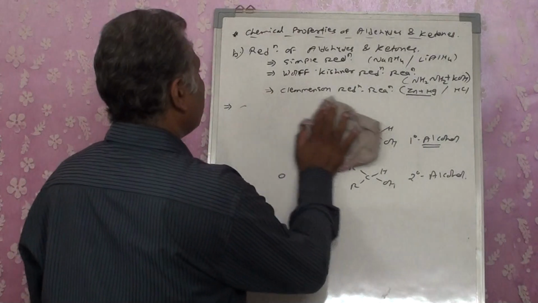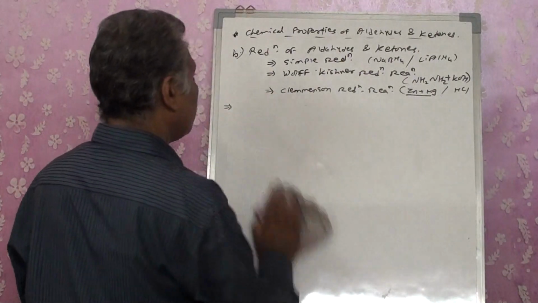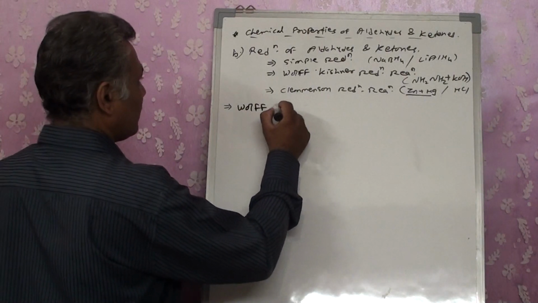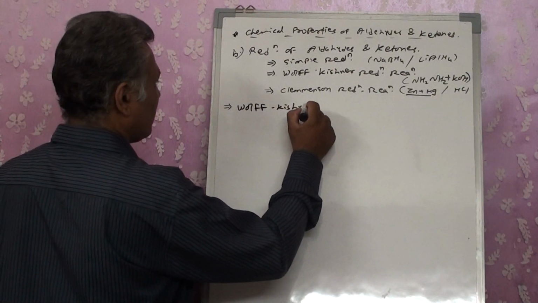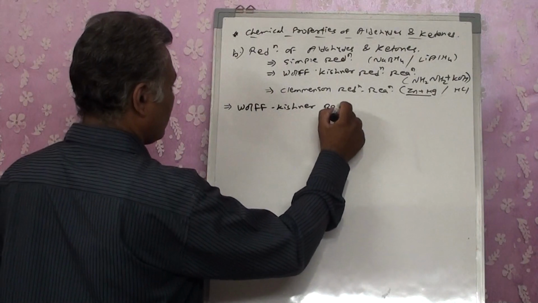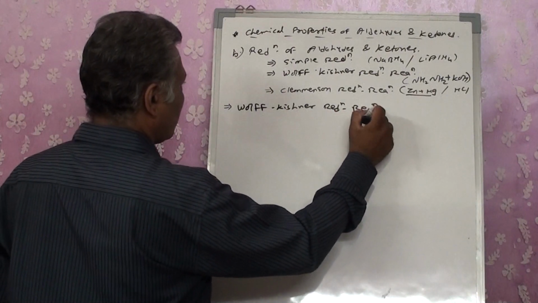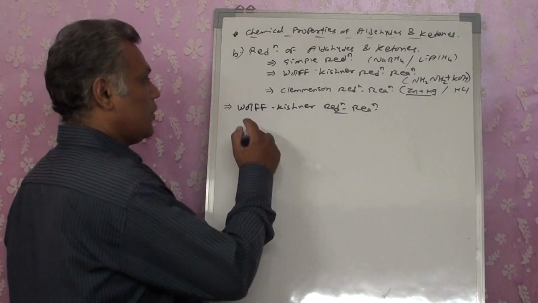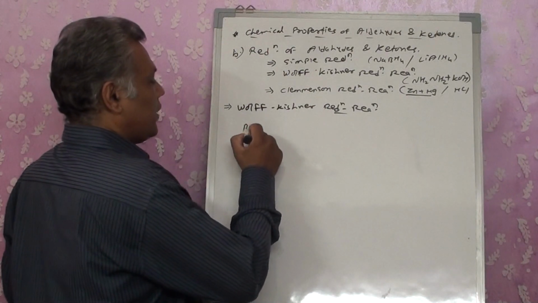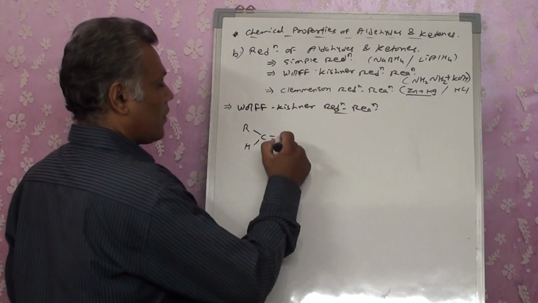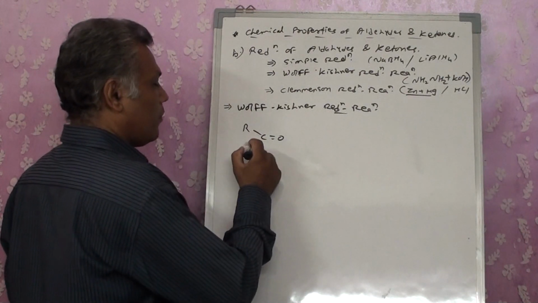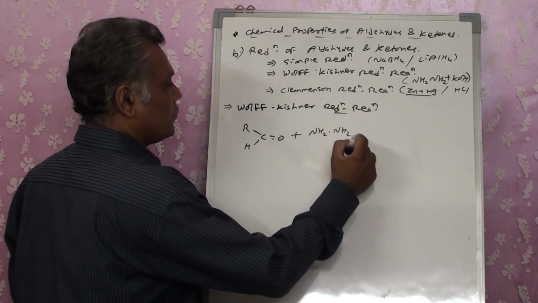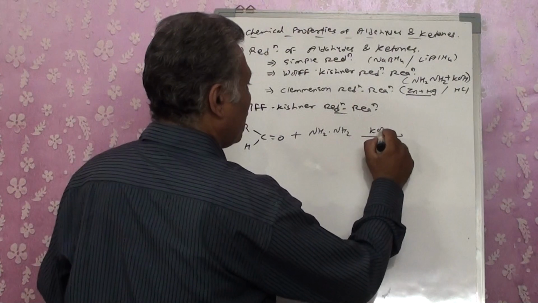Okay. The second one is the Wolff-Kishner reduction. For this, we are going to use NH2NH2 and KOH. The carbonyl group is reacting with NH2NH2 in presence of KOH.